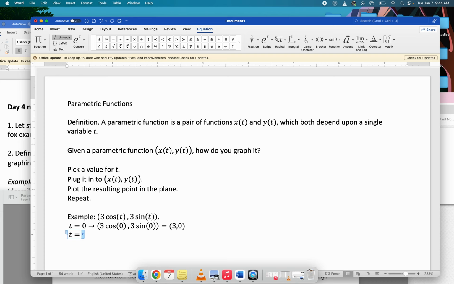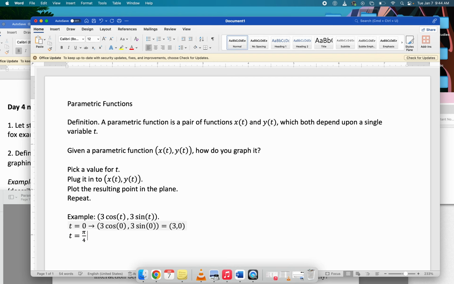Then plug in t equals, well, because the functions here are trig functions, I should probably pick nice angles so I can actually evaluate them. So maybe pi over 4.